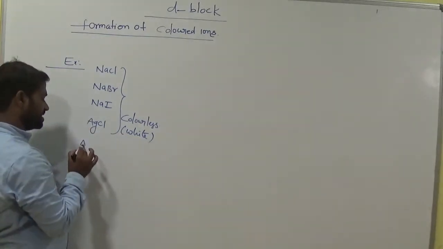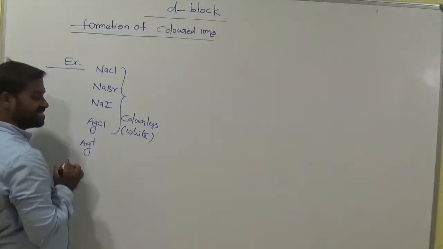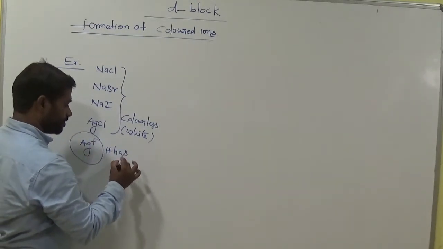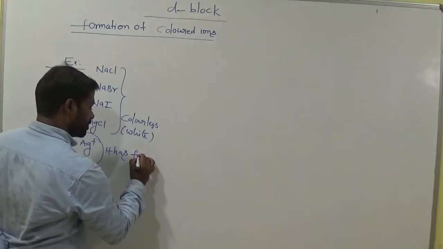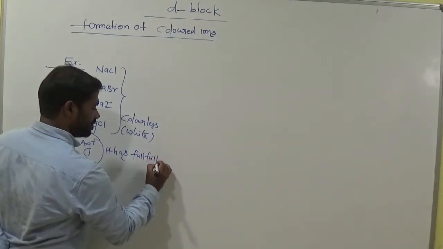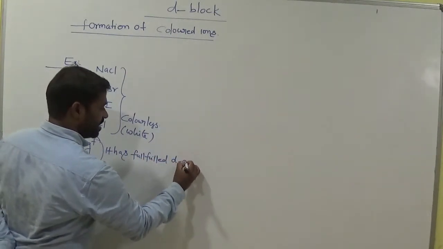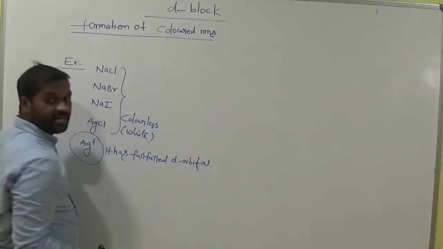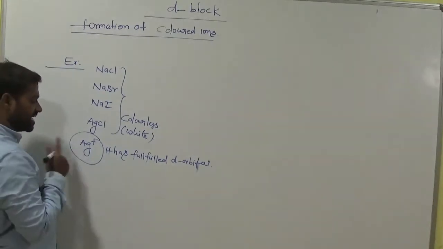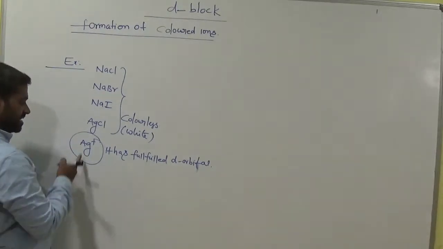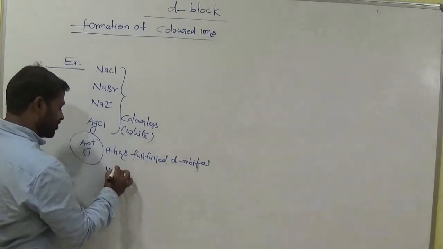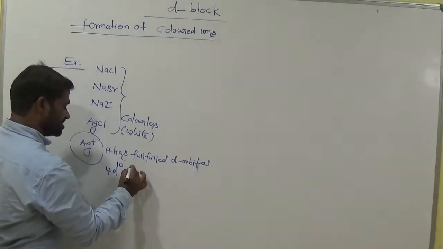Here Ag plus in this compound has a fulfilled d orbital. In the case of a fulfilled d orbital, it is colorless. Am I right? Ag plus. So the outermost electronic configuration here is 4d10 5s0.